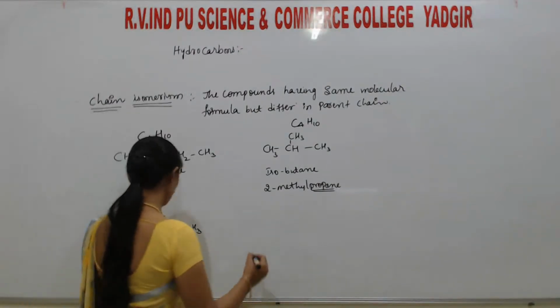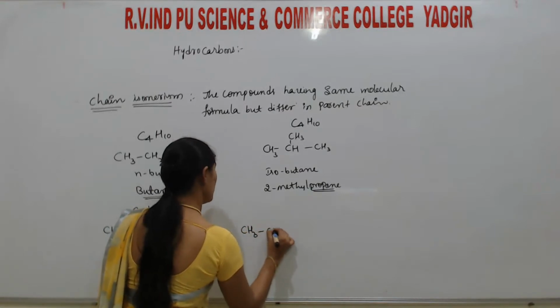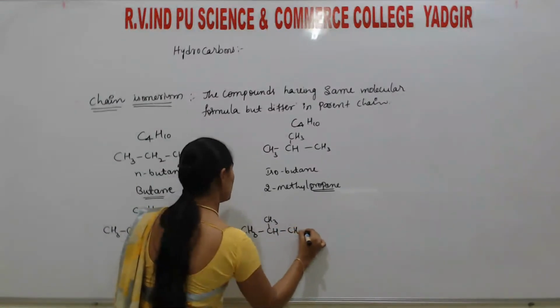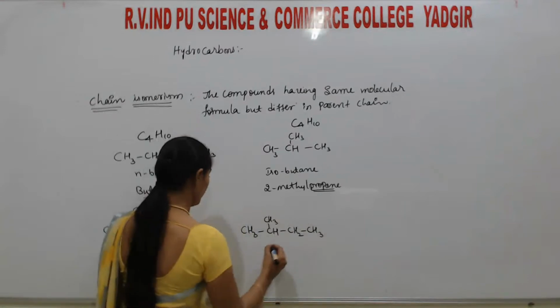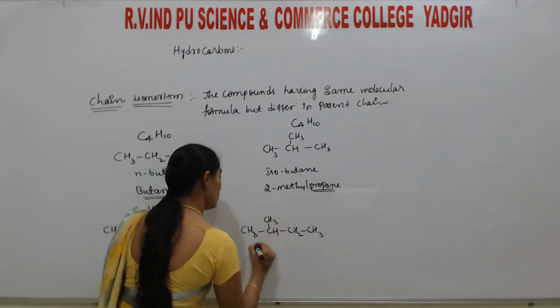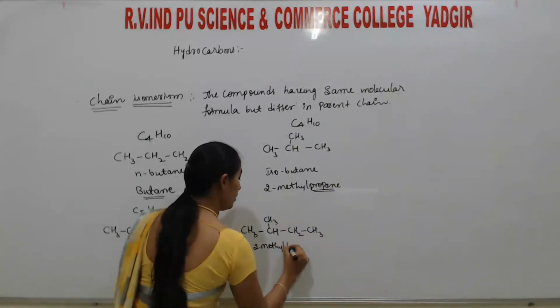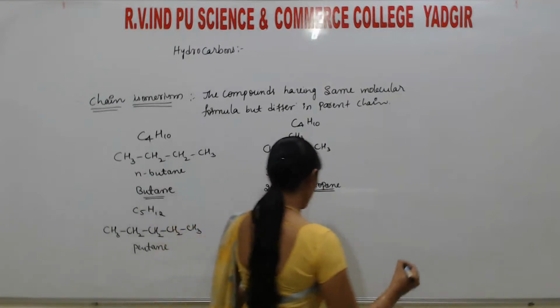So another one, CH3, CH, CH3, CH2, CH3. This is 2-methyl butane.